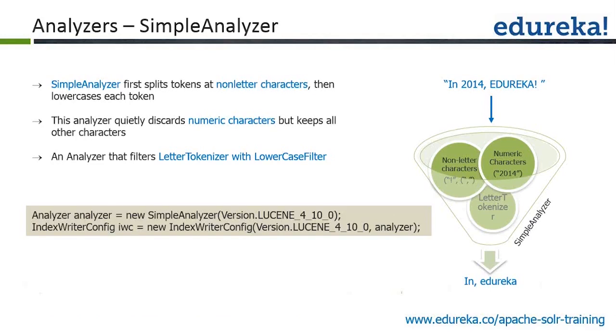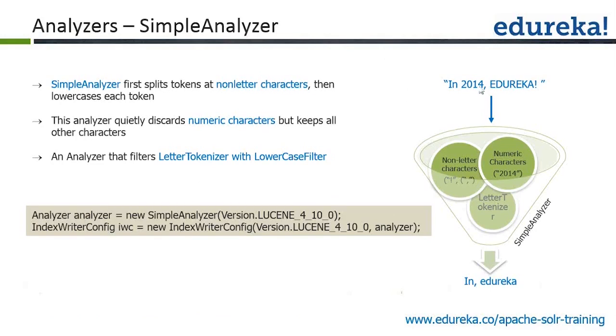By default it ignores all numeric characters, and also non-characters or special characters. So in a nutshell, it is a very simple one. It just uses one tokenizer, which is a letter tokenizer, with a lowercase filter. That's it.